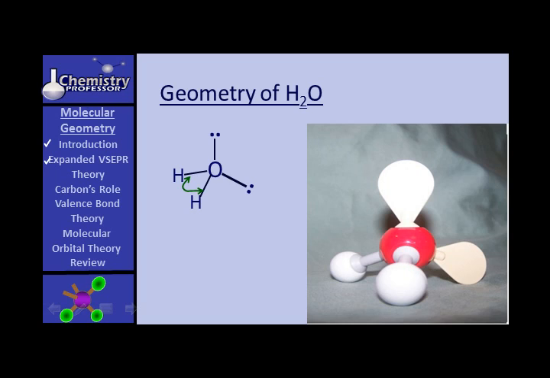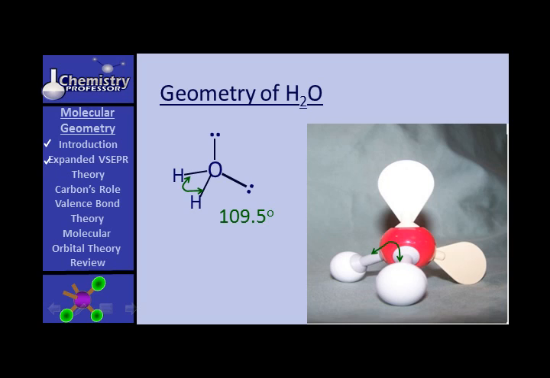This angle right here is 109.5 degrees, 109.46 if you really want to be picky. But actually with water it's a little different because you get some repulsion and so forth between the non-bonding electrons, but we'll deal with that later. This angle right here is also approximately 109.5 degrees.